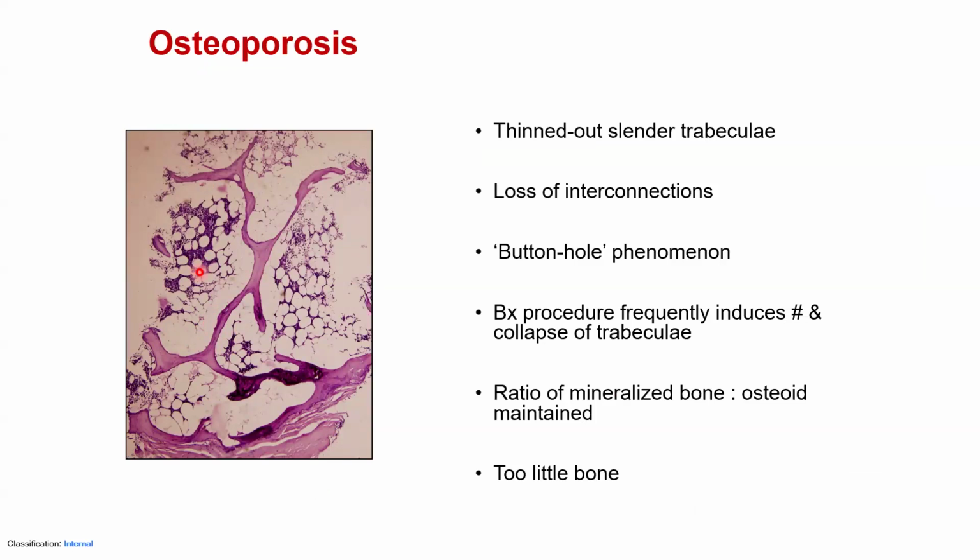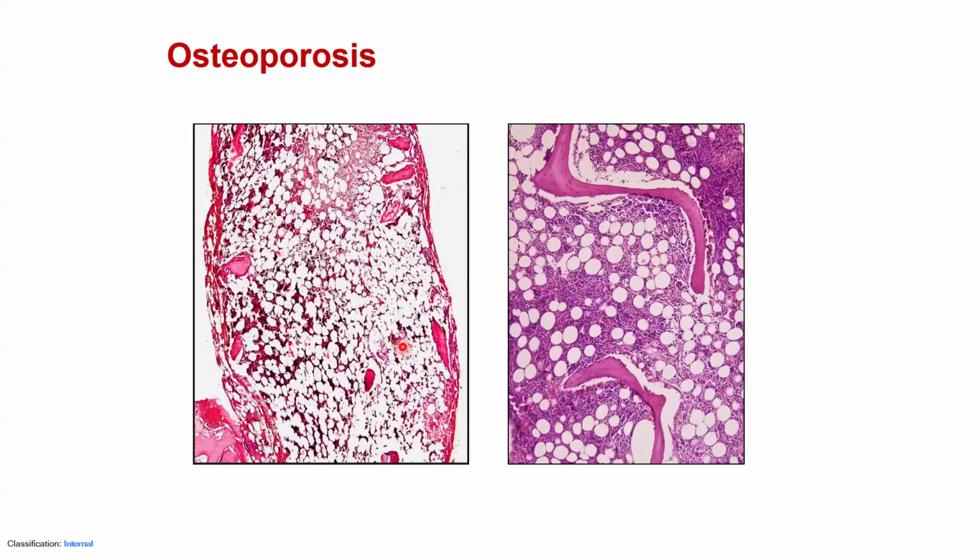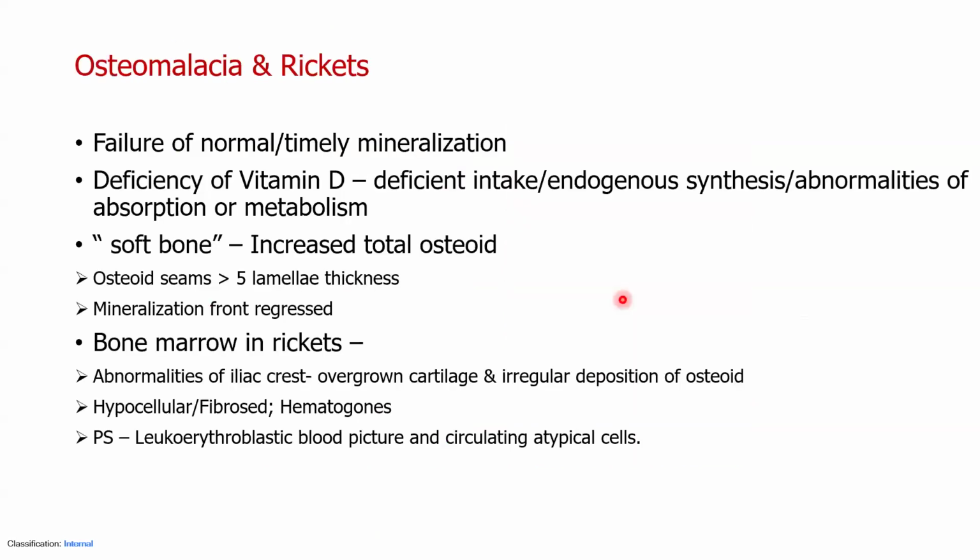The ratio of mineralized bone to osteoid is still maintained in osteoporosis. This is the buttonhole deformity, where there is no interconnection between the bony trabeculae and much marrow and thinned out bone. This can be picked up in many elderly patients where they have been biopsied for some other reason.